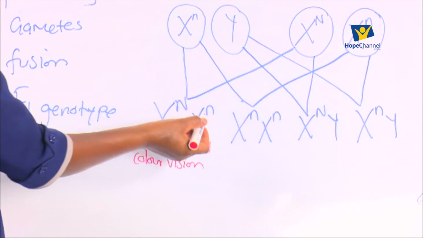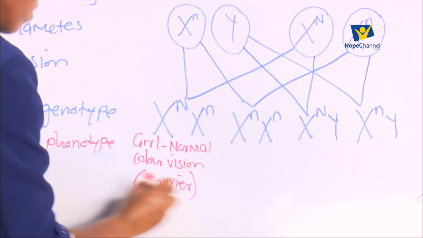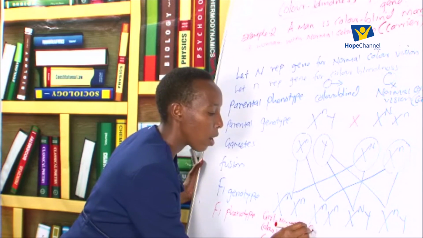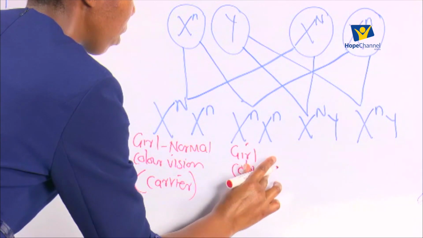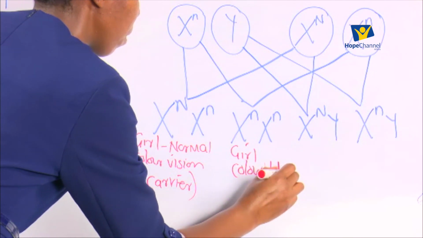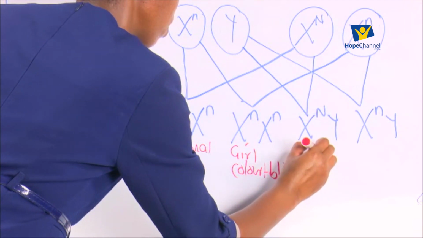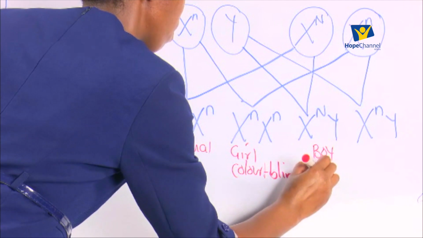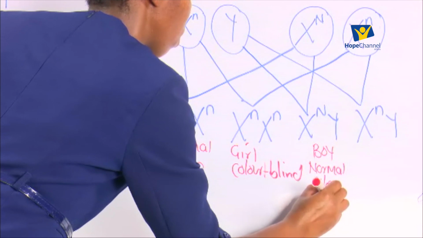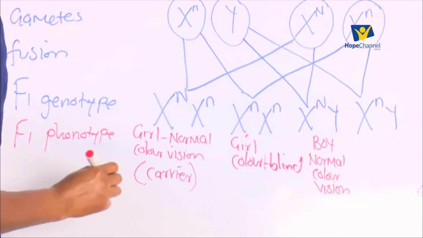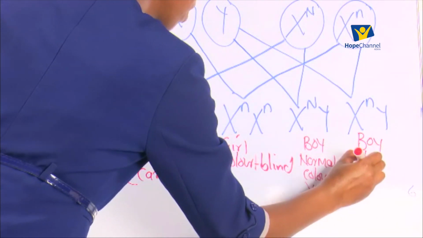But because of the recessive gene, this person is what? A carrier. Then we have a girl, and this girl is colorblind. Then we have a boy, and this boy has normal color vision. And lastly, we have a boy, and this boy is colorblind.